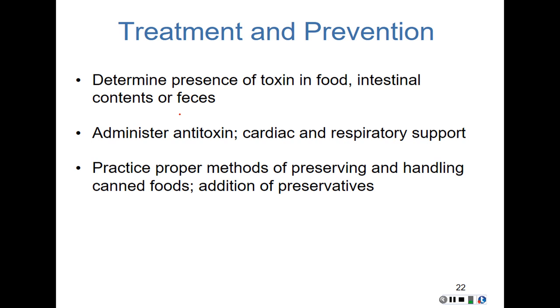You know, go into the house where the patient came from and try to locate the food product, trying to discern whether it was home canning or did this come from a commercial food that needs to be recalled or something like that. So proper preparation and canning of foods, addition of preservatives like these nitrates that I was telling you about.